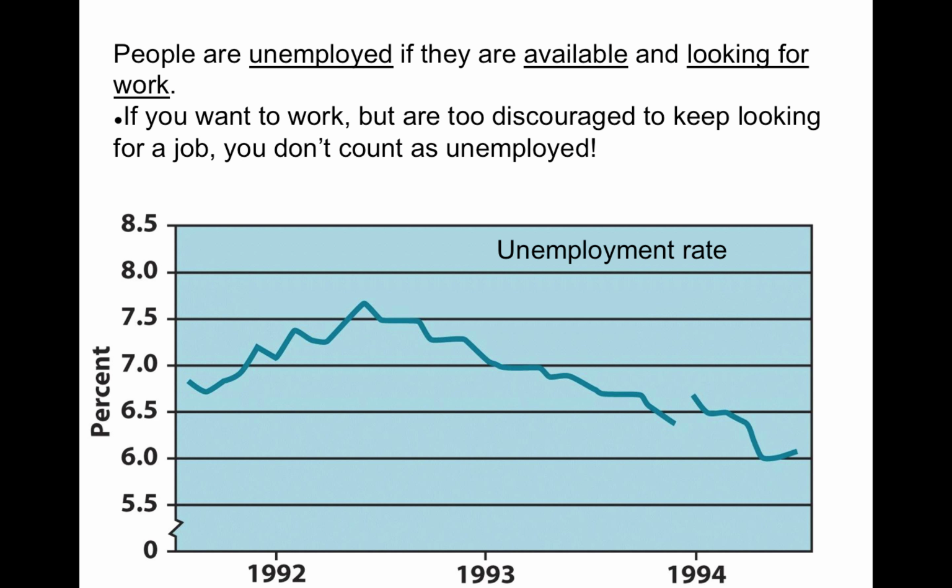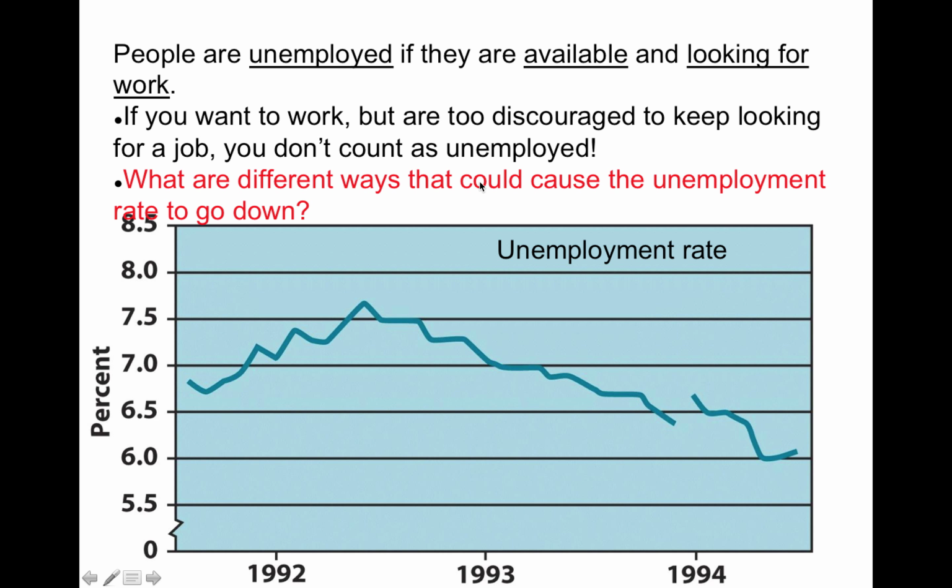Let's switch subjects and talk unemployment. The government defines people as being unemployed if they are available and they are looking for work. So if you want to work but you're too discouraged to keep looking, then all of a sudden you don't count as unemployed anymore, because you have to be available and looking for work.